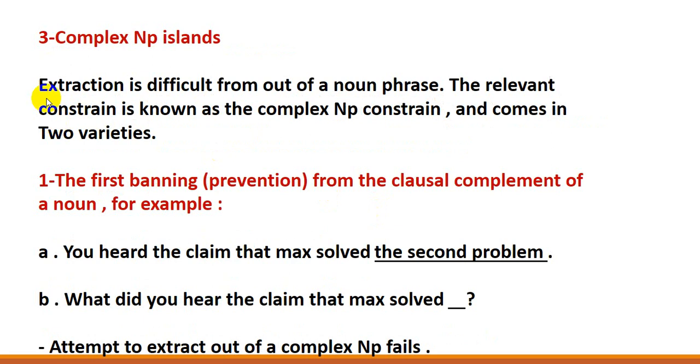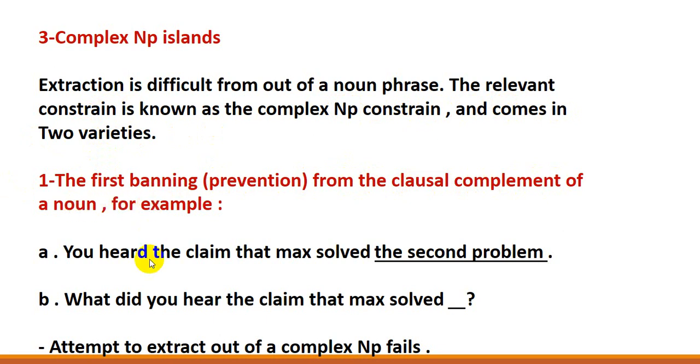Another type, complex noun phrase island. Extraction is difficult out of a noun phrase. The relevant constraint is known as the complex noun constraint, and comes in two varieties. The first one bans, that means prevents, extraction from the clausal complement of a noun.